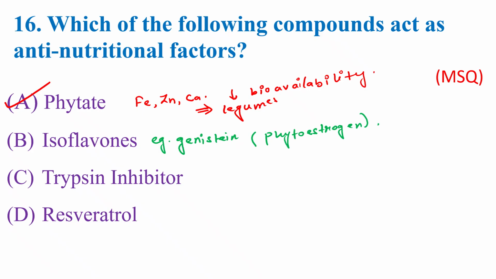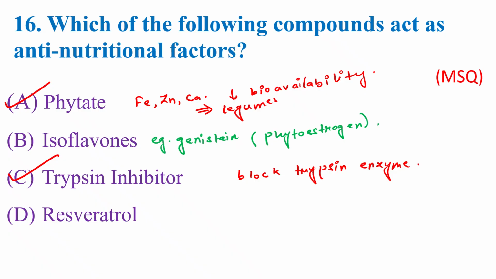Next, trypsin inhibitor. So trypsin inhibitor will block the trypsin enzyme, which will impair our protein digestion, and these are common in the raw soya or legumes. So it is an anti-nutritional compound.